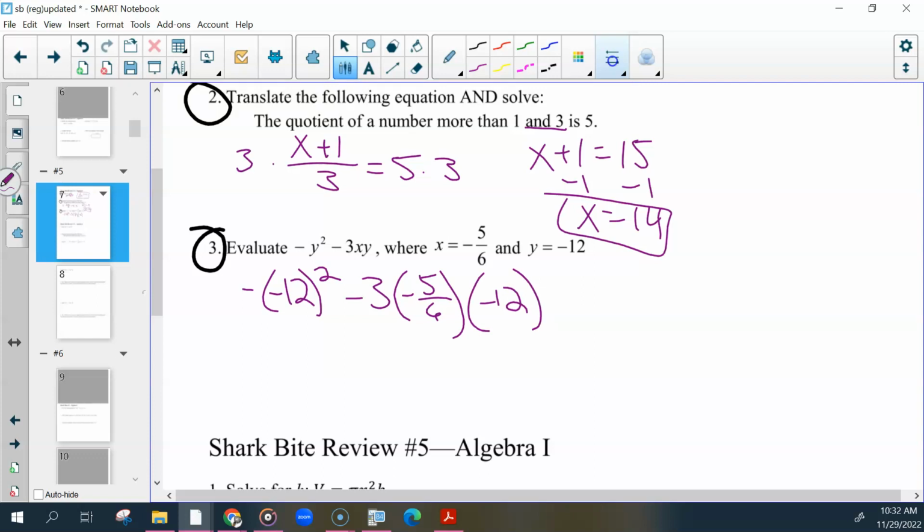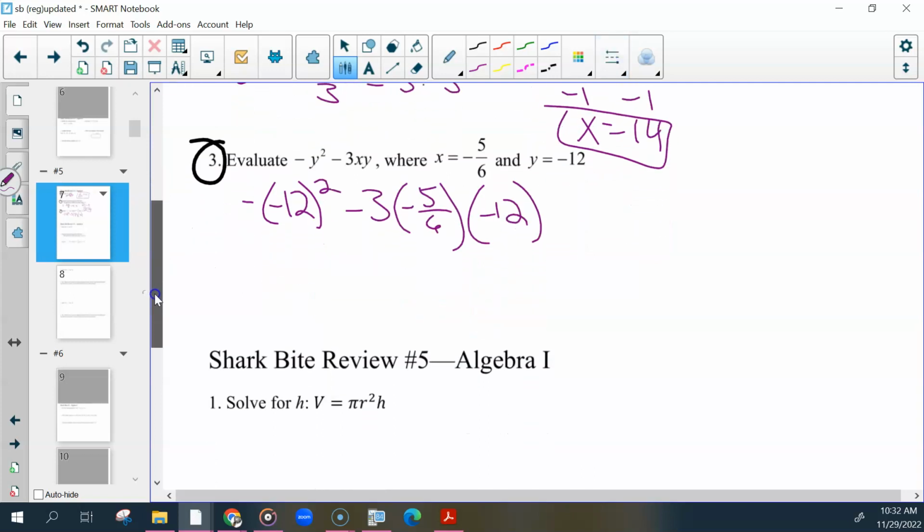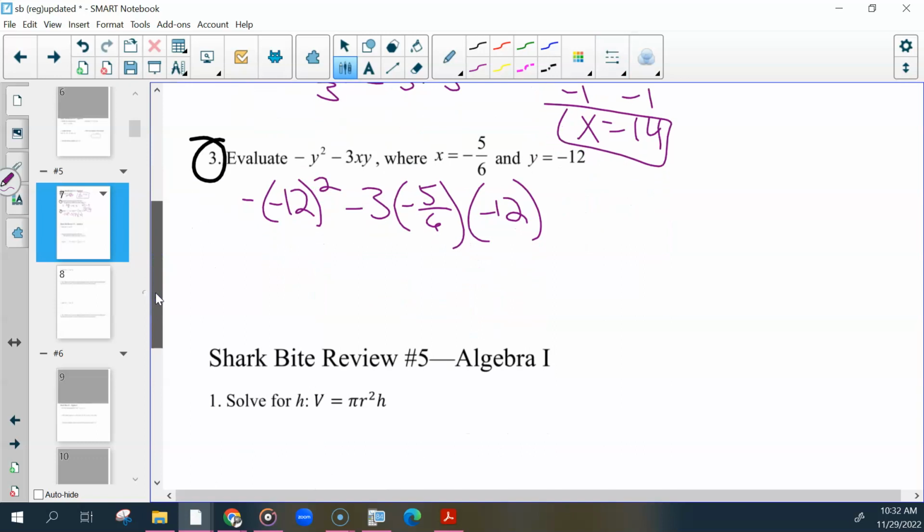If you wanted to, you could put this on your calculator all at the same time. If you wanted to do it separately, you could also do that. So let's see. This would be 144, but there was already a negative in front. Minus, let's say I multiply these two first and then I multiply by 3.